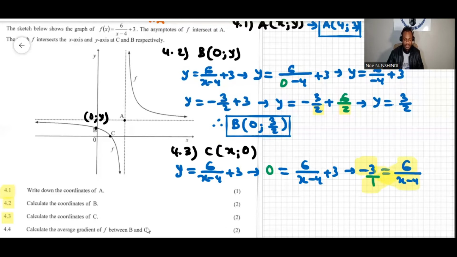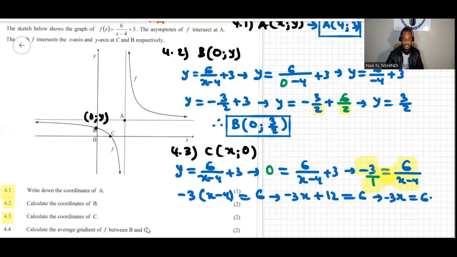Negative 3 open bracket x minus 4 close bracket equal to 1 times 6, which makes 6. This will be negative 3x plus 12 equal to 6. And then we can move the 12 over, that makes 6 minus 12, and this will become negative 3x equal to negative 6.